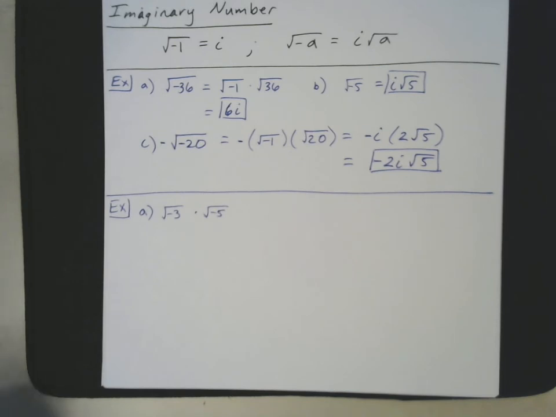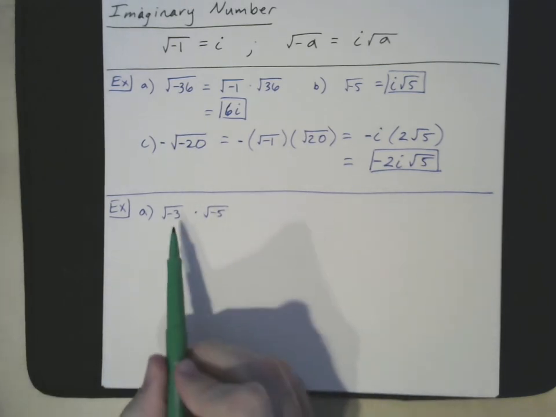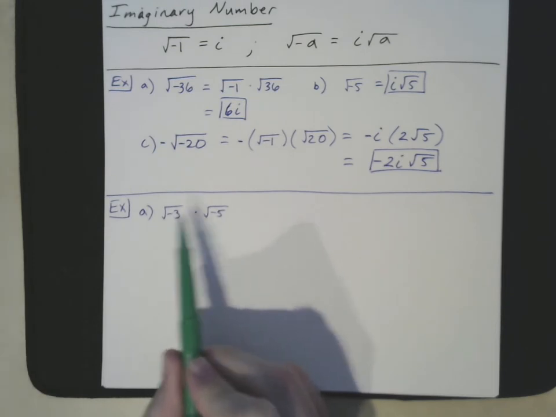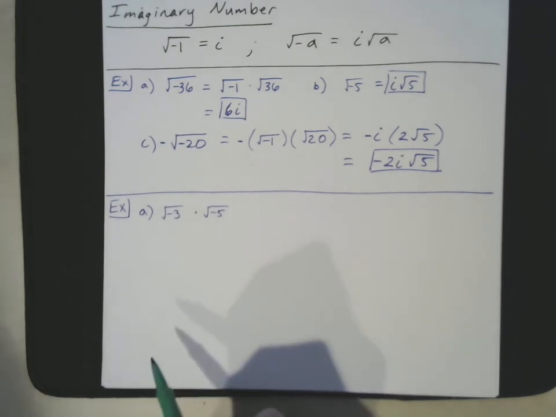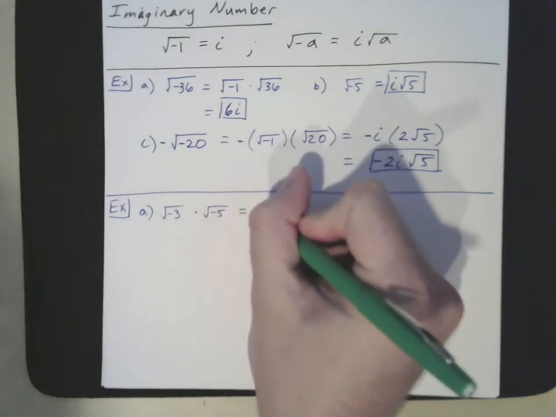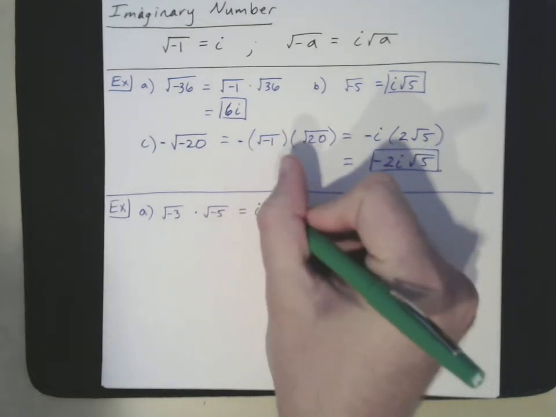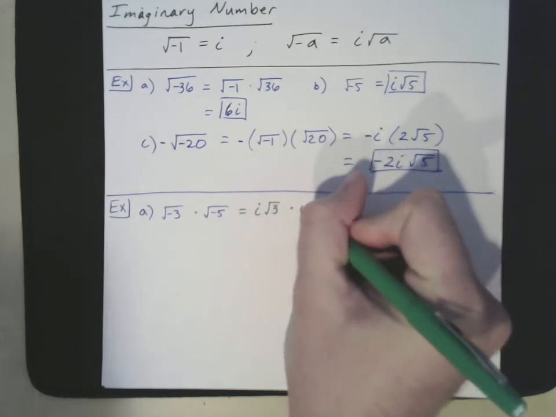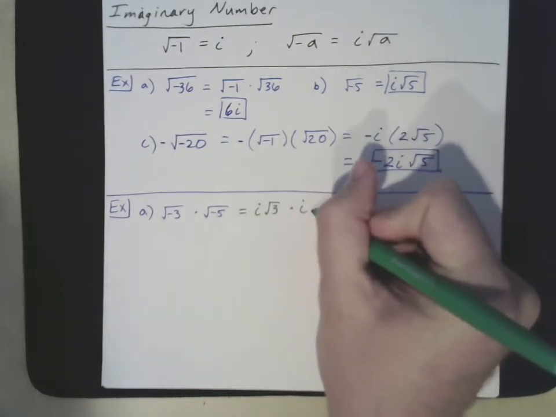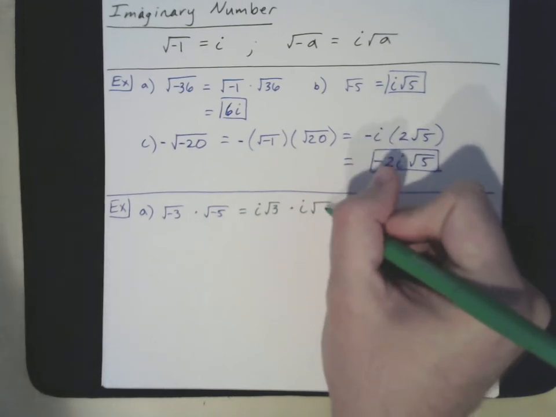Now, since normally square roots are not supposed to have negatives underneath that radical, we have to get rid of those first before we can start simplifying. So whenever you have negatives, the first step should be to pull the i out. So i square root of 3 times i square root of 5.